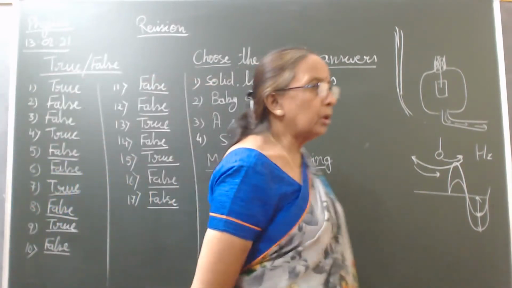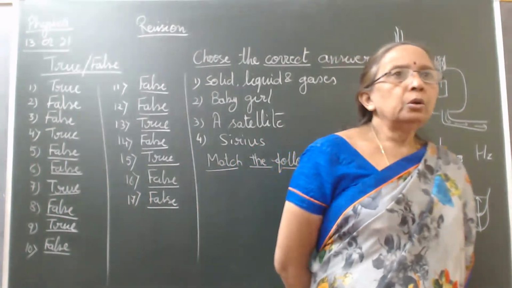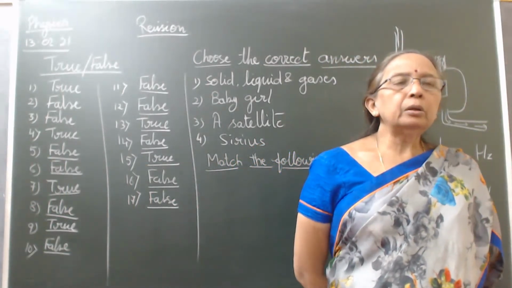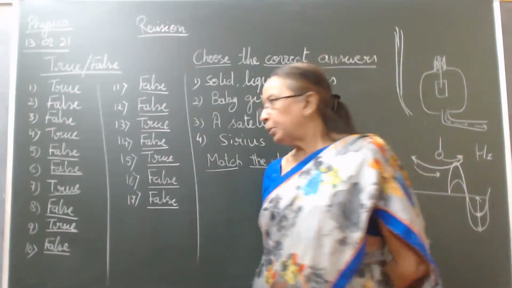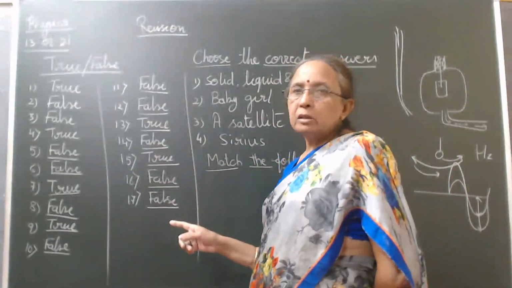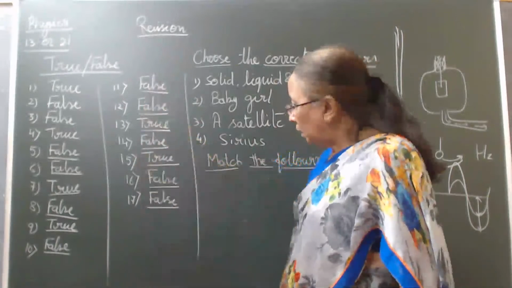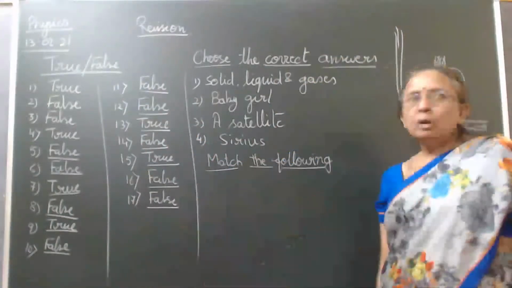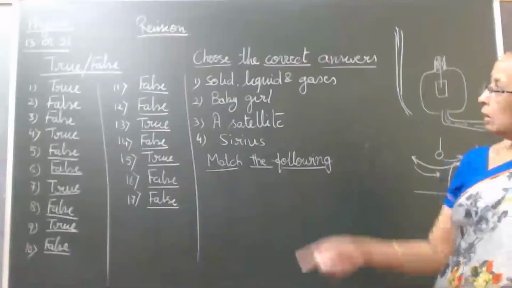So this is about your objectives portion. Today I completed your full objectives portion. Yesterday I explained fill in the blanks and gave the reason. Today true false of all the lessons, total 70. Fill in the blanks 29 here.